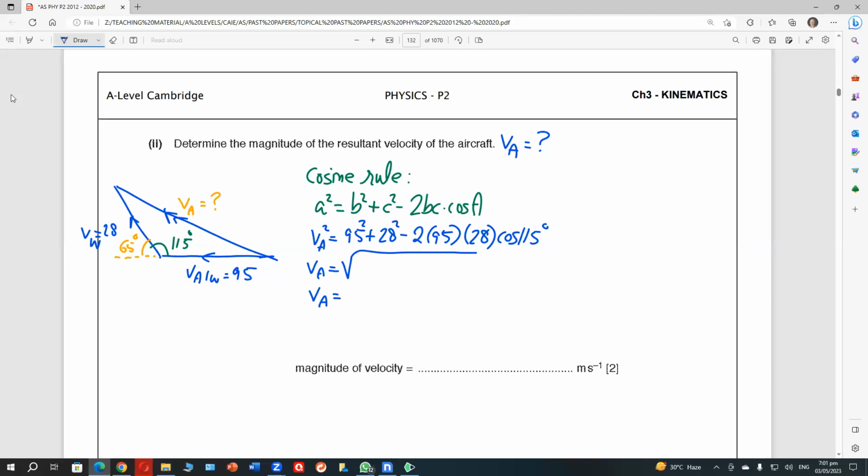Can you get the answer? Yes, I'm just finding the last part.